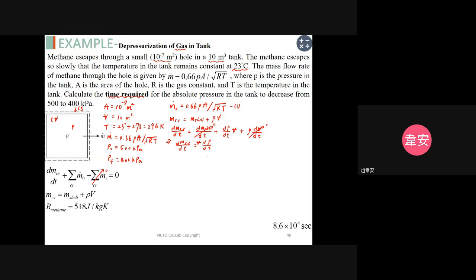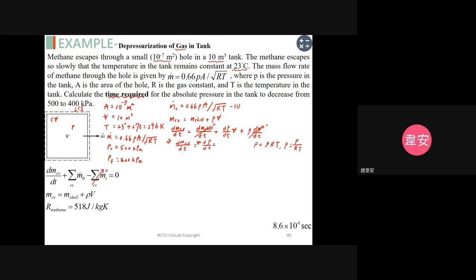So for this equation, there is no pressure parameter. But based on the ideal gas law, we know the pressure is equal to ρRT. So the density ρ is equal to the pressure divided by RT. Okay, so we replace the density by the ratio between the pressure and RT.